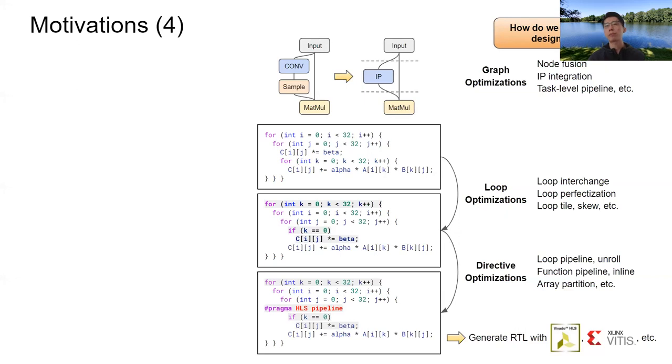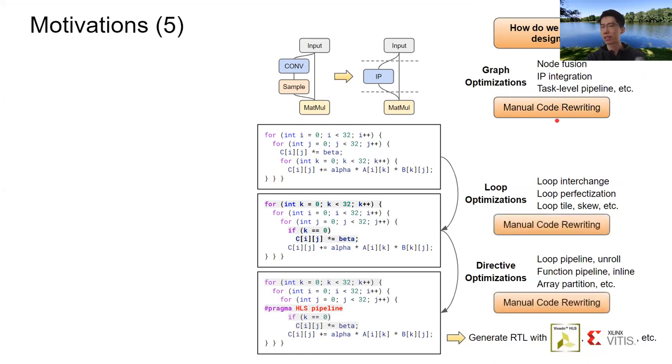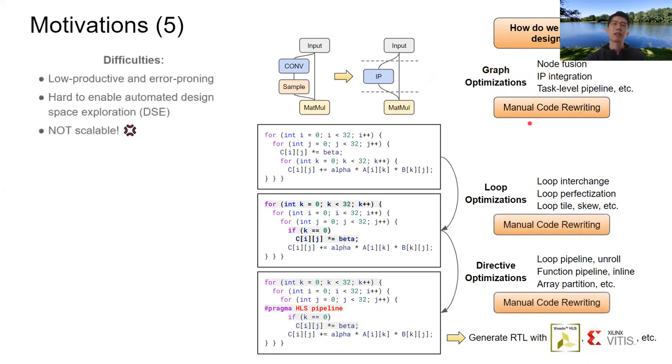Now, if we look back to the original question, how do we do high-level designs? Basically, the answer is manual code rewriting. We need to rewrite the code to fuse the nodes, do the IP integration, apply the task level pipeline, and so on. Such an approach has several problems. First, it is low productivity and error prone, especially when you are dealing with not tens of lines of code, but thousands of lines of code.